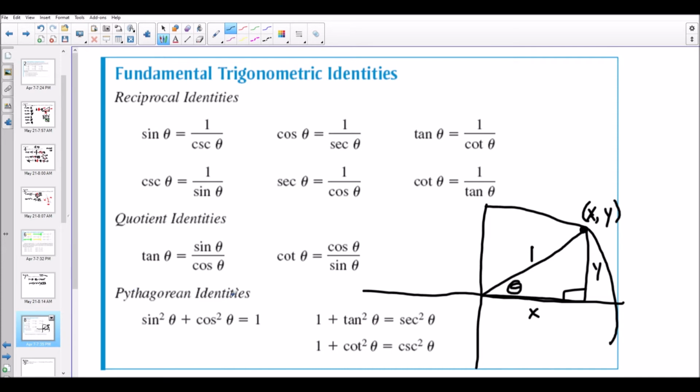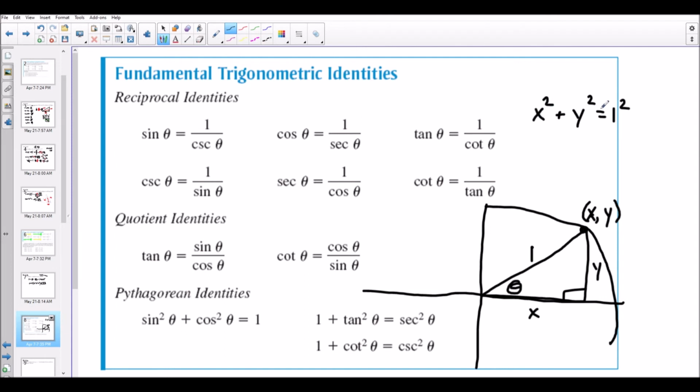And the Pythagorean theorem states that a squared plus b squared is equal to c squared. You're going to get x squared plus y squared equals 1 squared. And that's actually where they get the equation of the unit circle from.